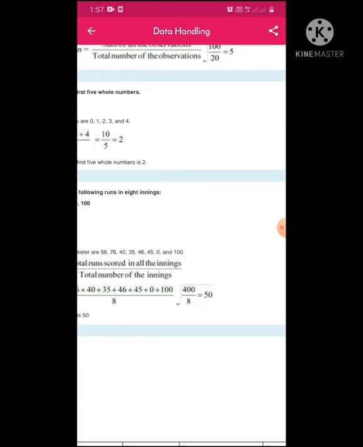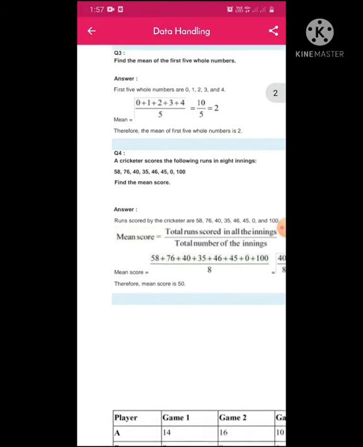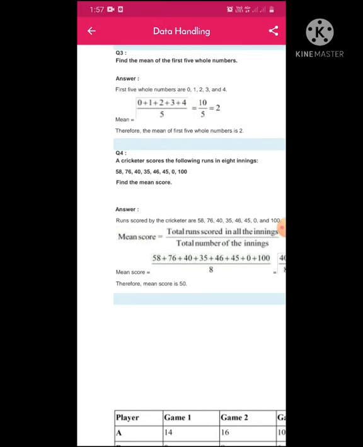See here, the addition will be 400 and the observations are 8. So 400 divided by 8 will be 50, because 8 fives are 40. If we divide 400 by 8, we get the answer 50. Therefore our mean score is 50.